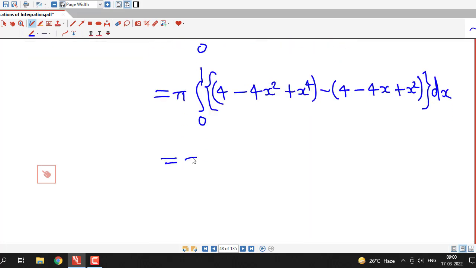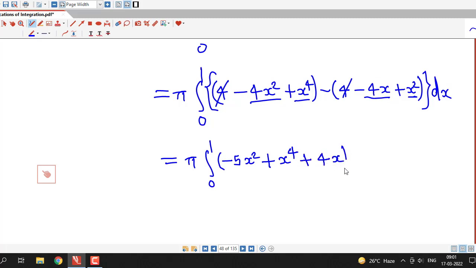So now we can simplify all these terms. 4 we can cancel out. Here we have minus 4x square, and there will be minus x square from this, so that is minus 5 times x square, and plus x raised to 4, and here minus 4x into minus 1, that is plus 4 into x.